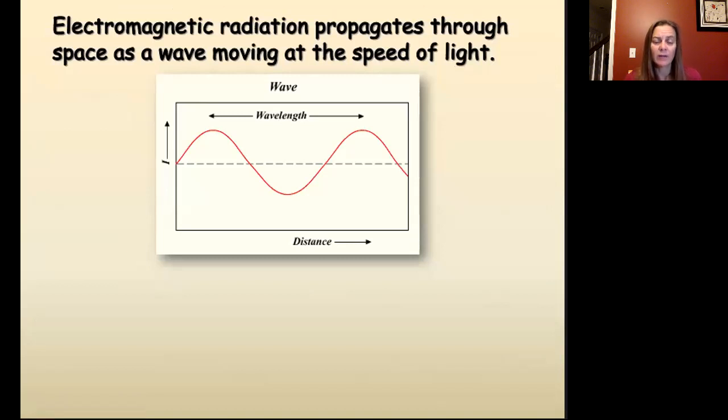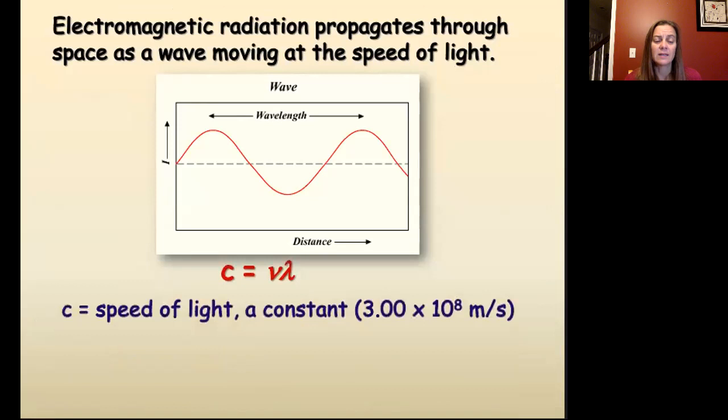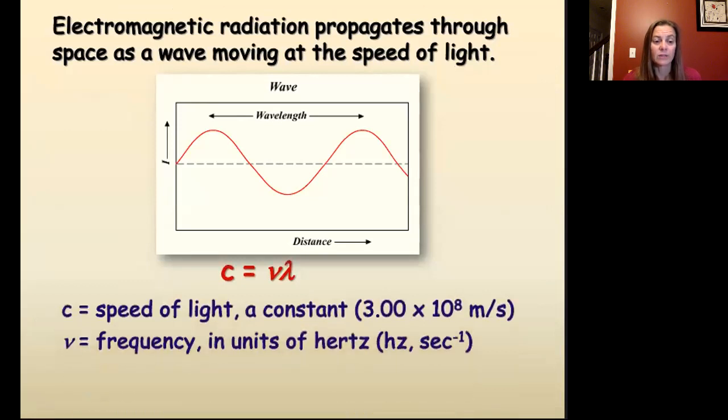And so we have an equation that's important here, and that is c, which is the speed of light, is equal to nu, which is the frequency, in units of hertz or 1/seconds, times lambda, which is the wavelength in meters.